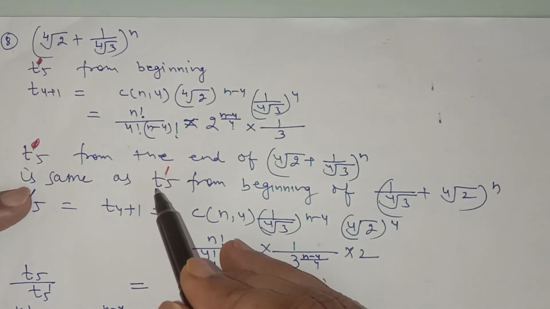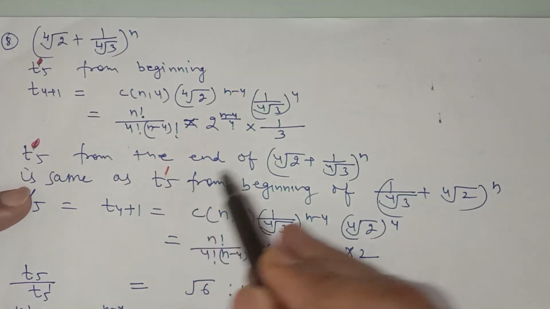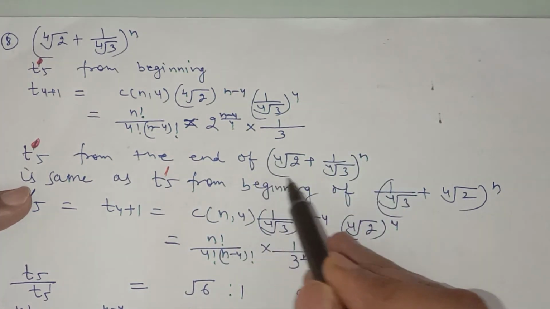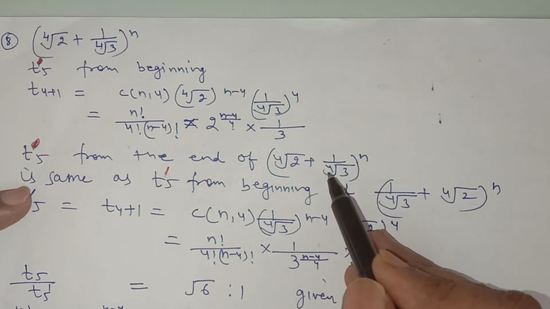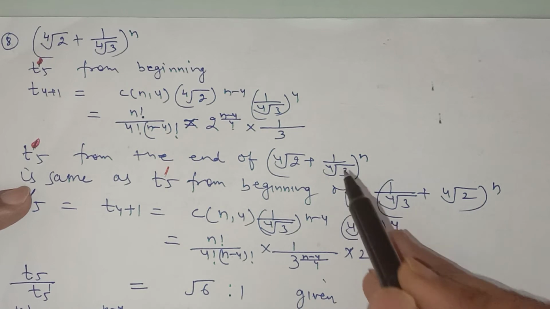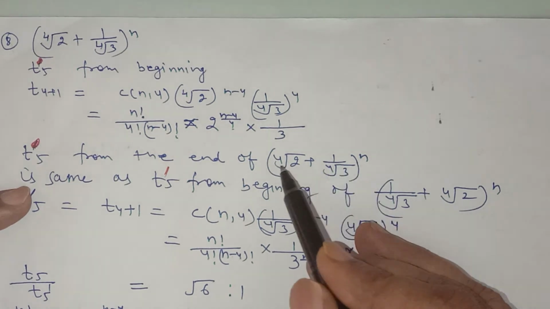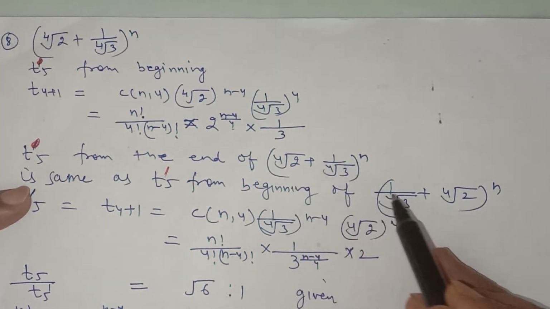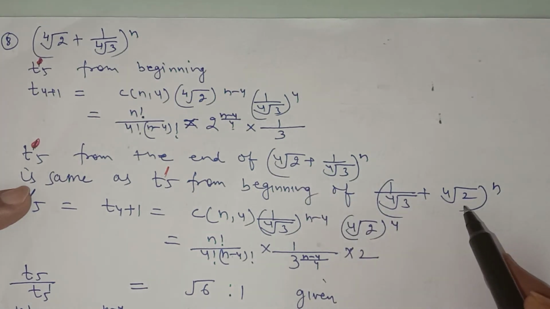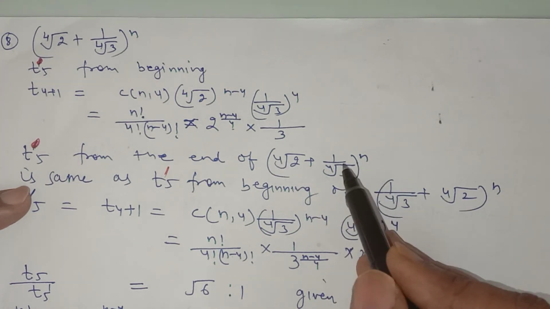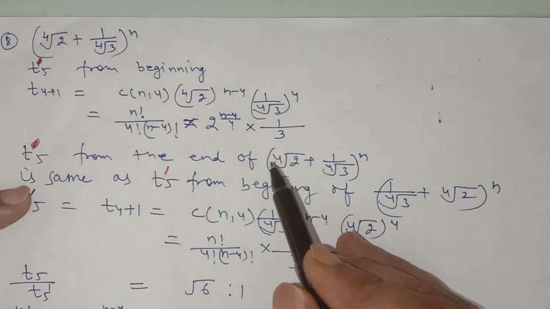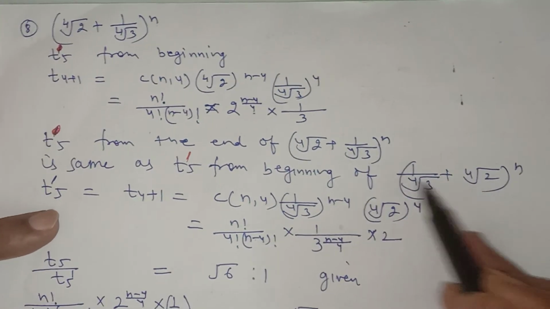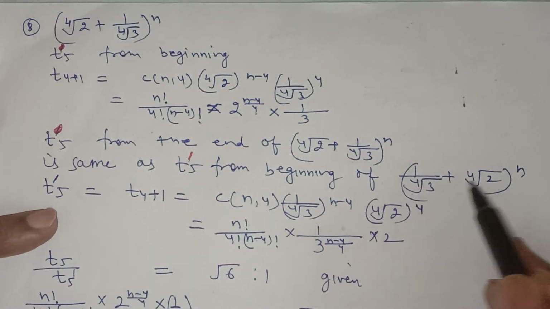So simply find its fifth term from the beginning by interchanging a and b.